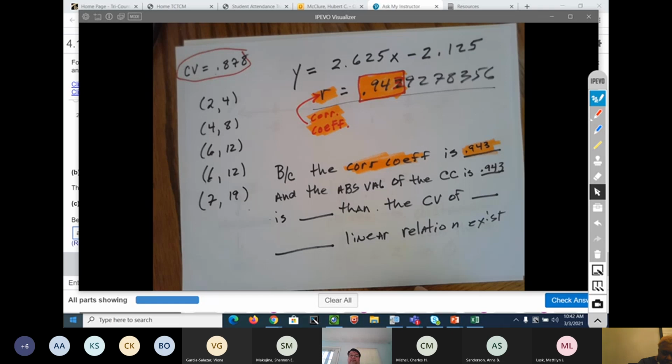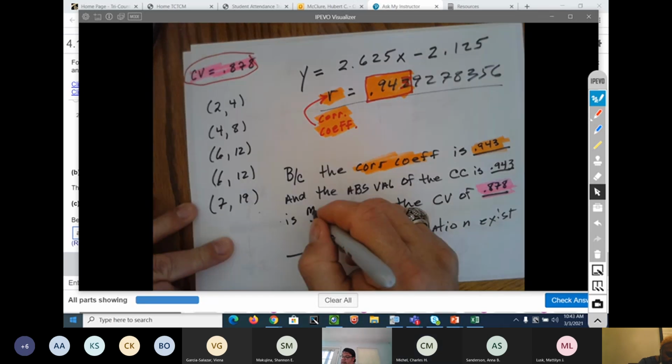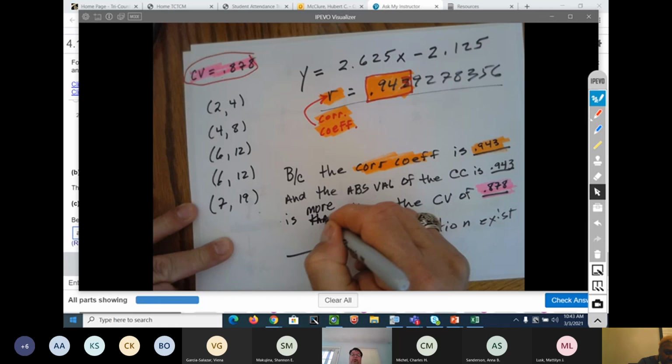So what is 0.943 compared to 0.878? It's larger. More than. Therefore, a positive linear equation exists. Now, if it's not greater than, then there is no linear correlation. And we'll get to that with one of the homework questions.